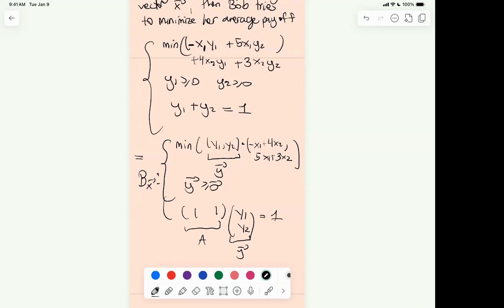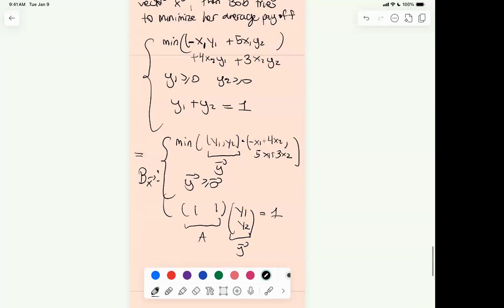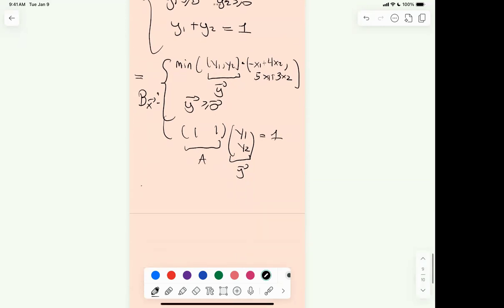Okay, and then what is the worst case scenario for Bob? The worst case scenario for Bob is one where of all these possible outcomes, she makes the most money on average. Because again, Bob hates large numbers. So the worst case scenario for Bob is the largest of all of these numbers. It is the max of all of these values.